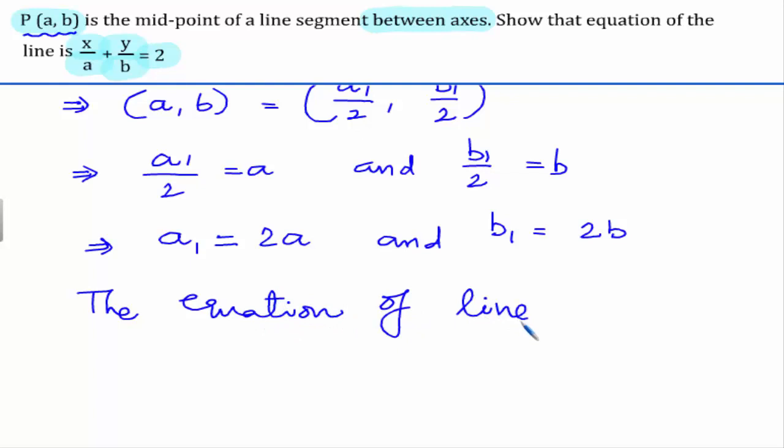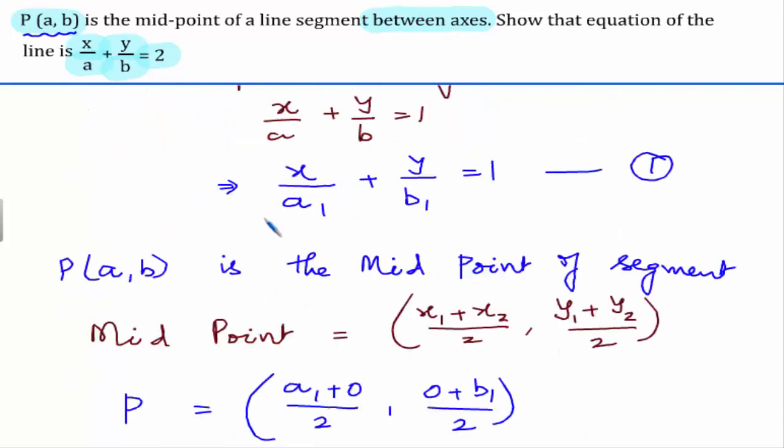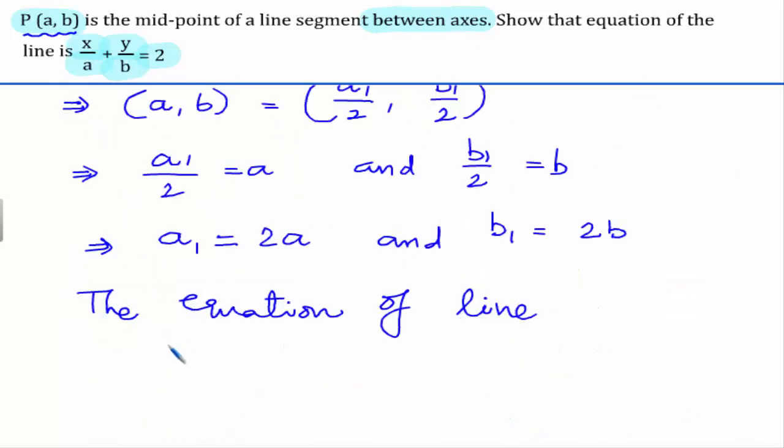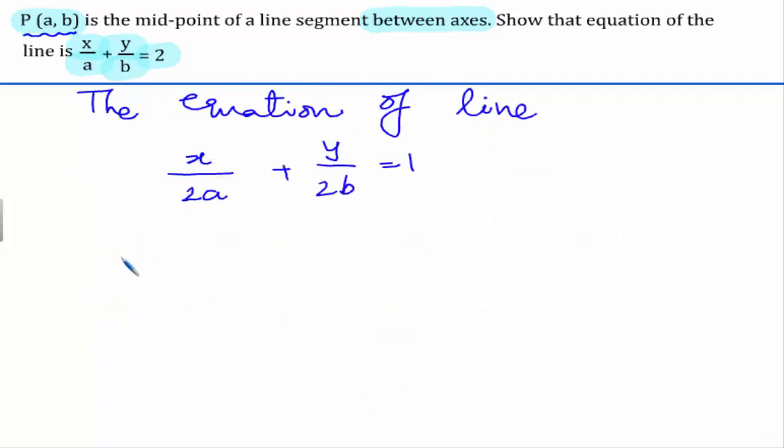Now we got the equation of the line already, that is x by A1 plus y by B1 is equal to 1. Let us substitute the values of A1, B1 now. x by A1, that means 2A, plus y by B1, that is 2B, is equal to 1. Now if I simplify this, x by a plus y by b is equal to 2.